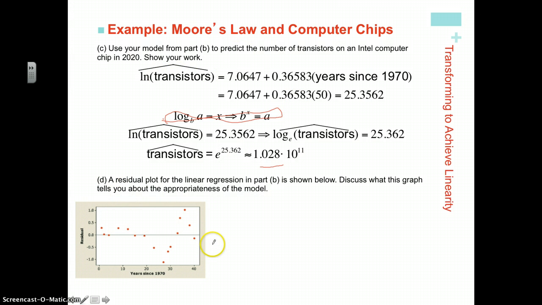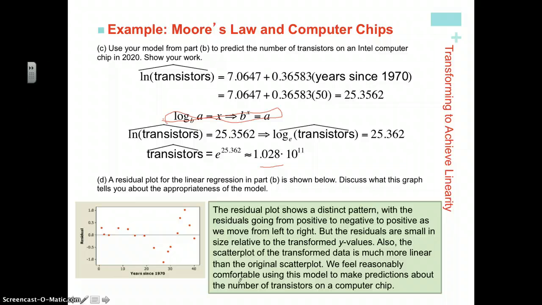A residual plot for the linear regression is shown. Discuss what this graph tells you about the appropriateness of the model. The residual plot shows a distinct pattern, which normally we don't really like, with the residuals going from positive to negative as we move from left to right. But the residuals are small in size relative to the transformed y values. Also, the scatter plot of the transformed data is much more linear than the original scatter plot.